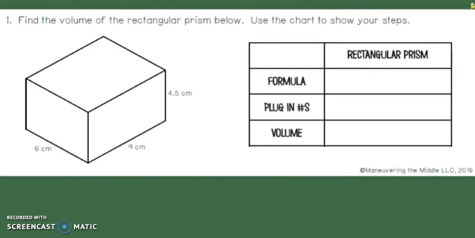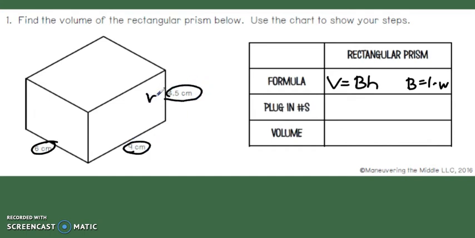Our example, we are to find the volume of the rectangular prism below, and you can use the chart from above. The formula, volume is equal to BH, where B is equal to length times width. Here we have our length, our width, and our height. So let's start with finding B. B is equal to 6 times 9. 6 times 9 is 54.